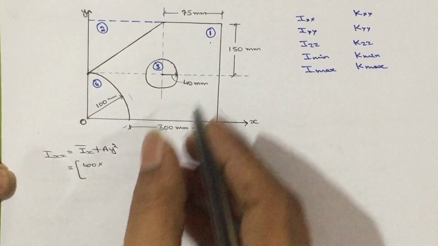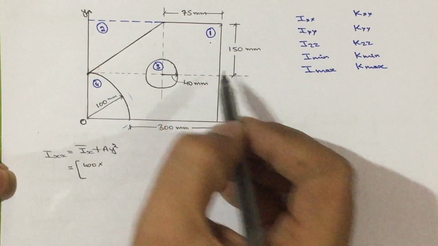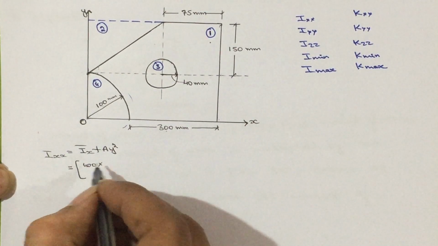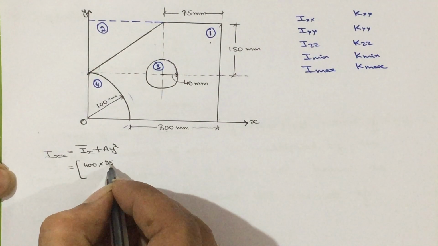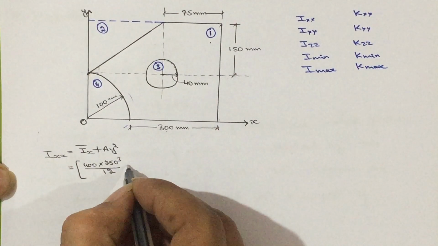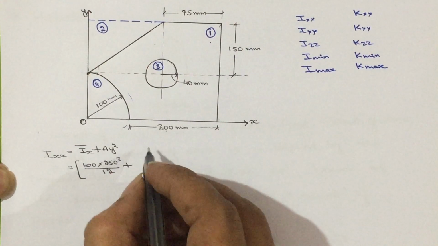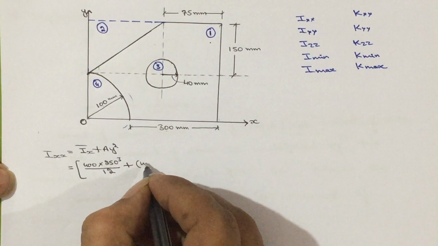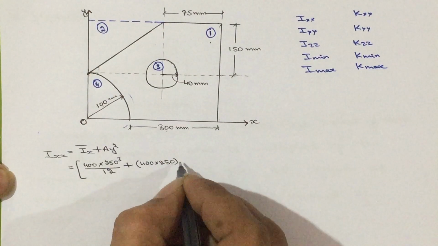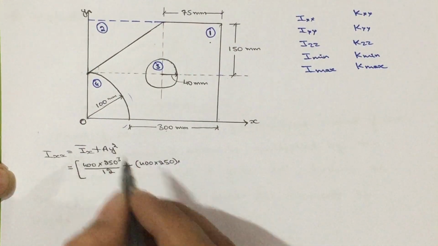So, B into D is how much? From here to here it is 150, from here to here it will be 100, so 250. So, BD cube divided by 12 plus A into y square, for rectangle area is B into D, that is 400 into 250 into y square.